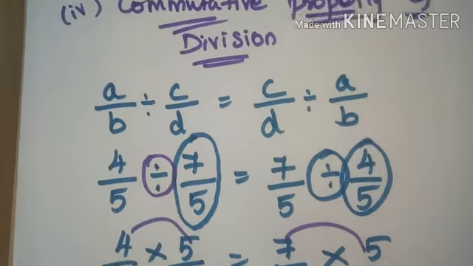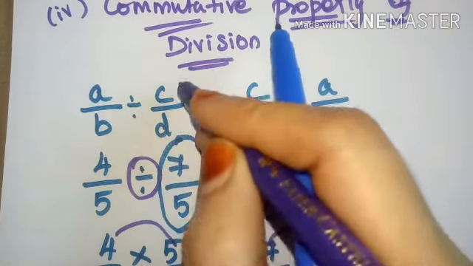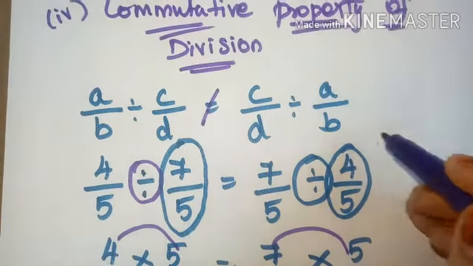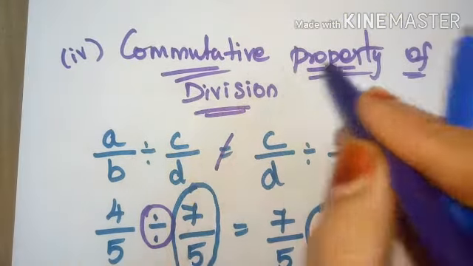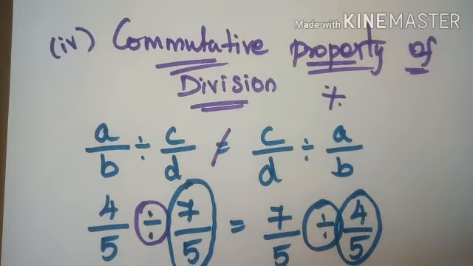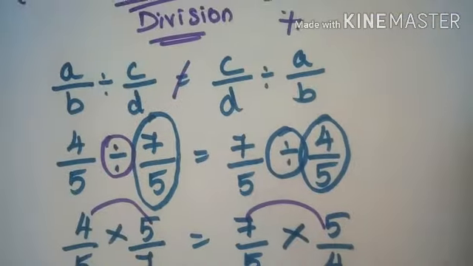So both are not equal. So A upon B divided by C upon D is not equal to C upon D divided by A upon B. So the commutative property of division is not satisfied. Got it, children? Okay, I hope you all understand this session.